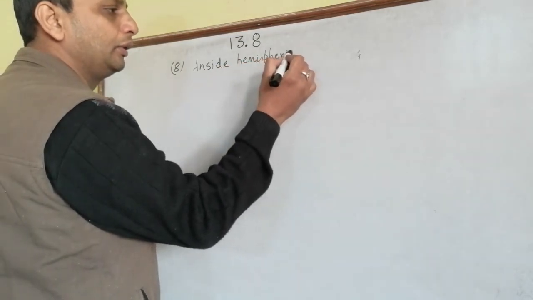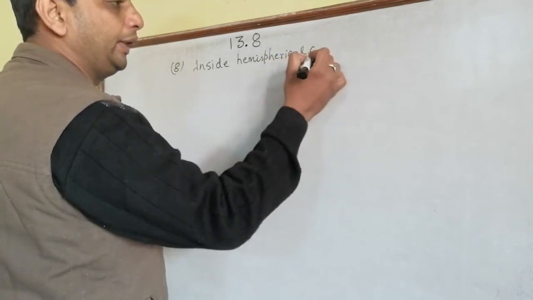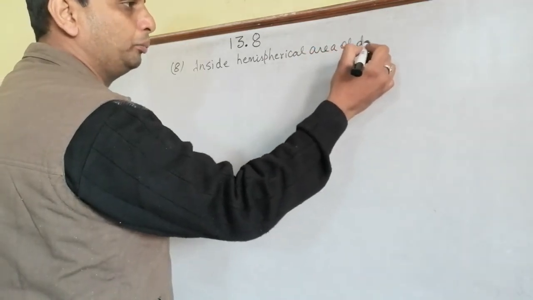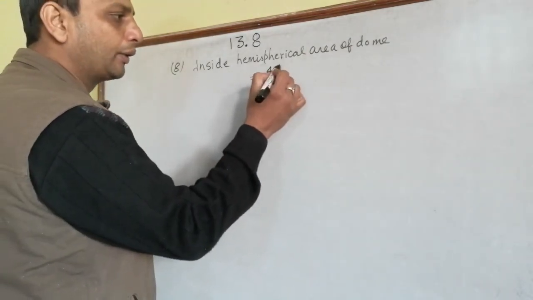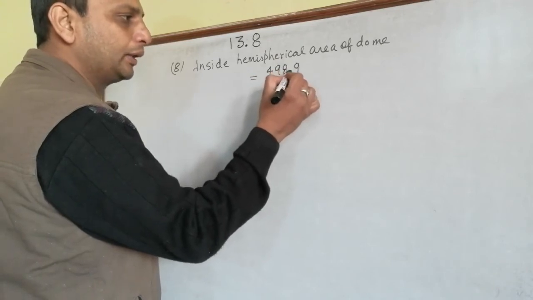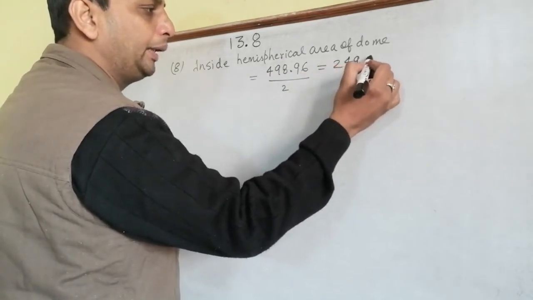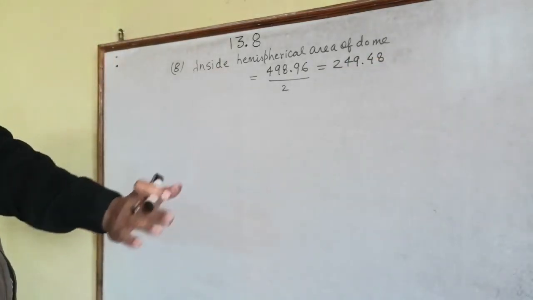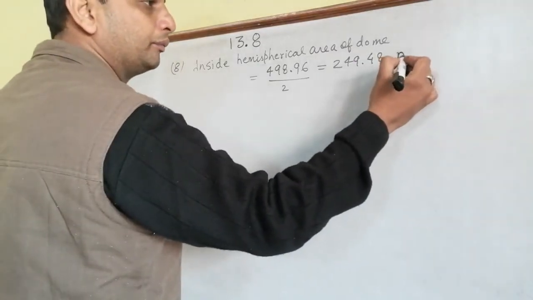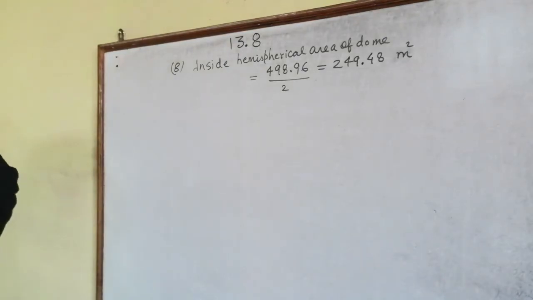So the inside hemispherical area of the dome is equal to the total cost 498.96 divided by 2, so 249.48 meter square. Now we got this total area.